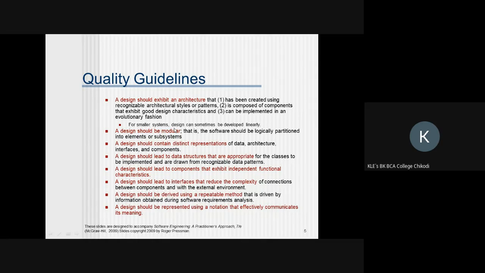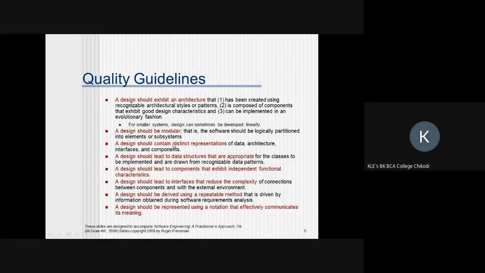From then on, a program can be seen as a set of modules. If every module is independent, then it becomes very easy to understand as well as debug. That is why the software should be logically partitioned into elements or subsystems.